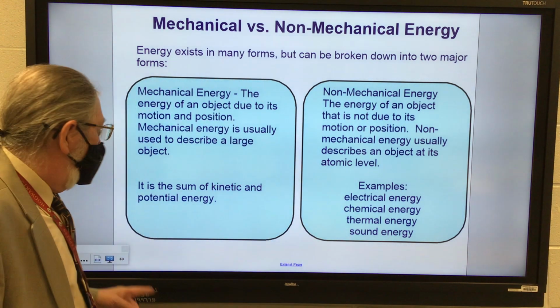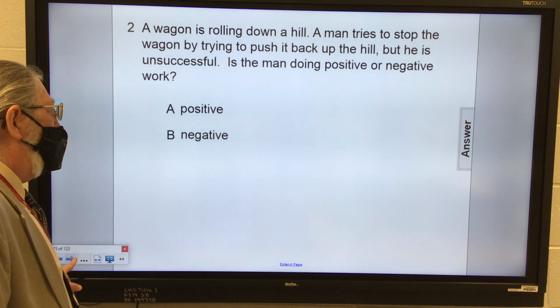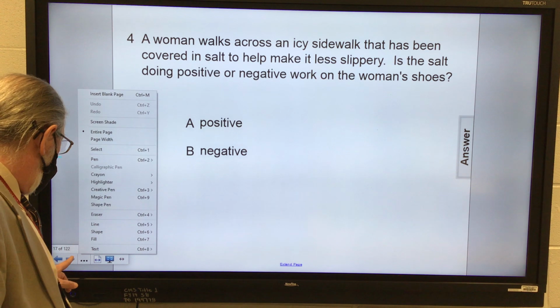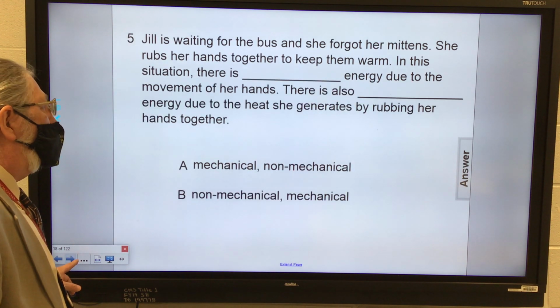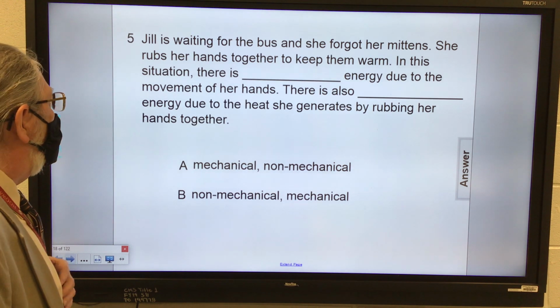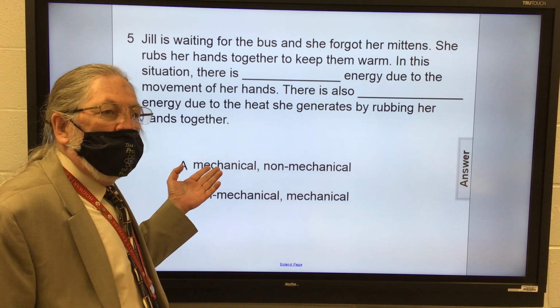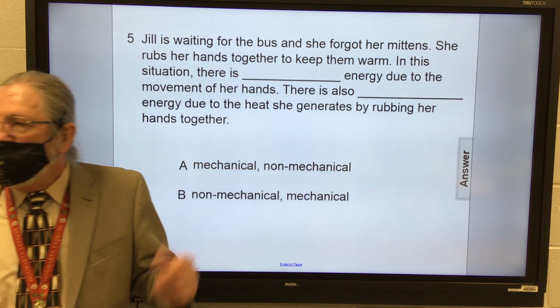Chemical. Mark your answers. Chemical or thermal? Think about that before you answer that question. Okay, so look. I'm sorry. Look here. Here are your choices. My bad.